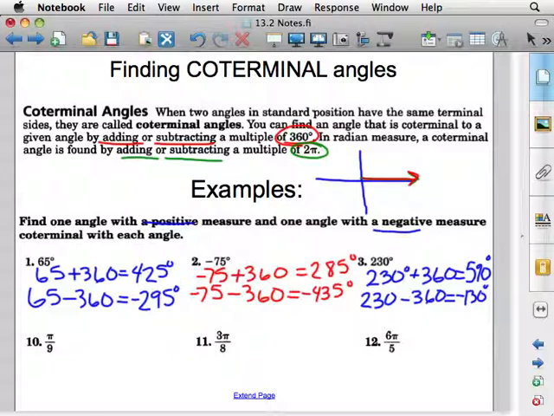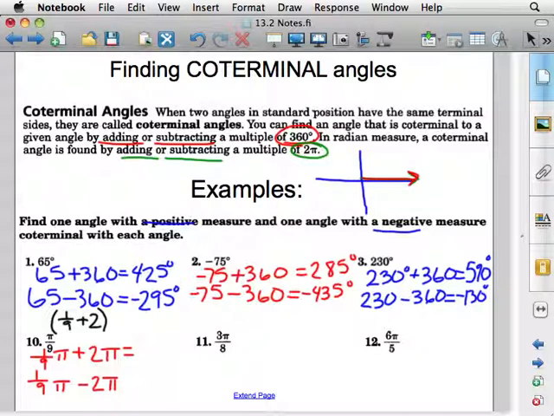Now we need to practice some in radians. So we have pi over 9, which is really just 1/9 of pi. And I need to add 2 pi. I also need to take 1/9 of pi and subtract 2 pi. What you need to type in your calculator is really just 1/9 plus 2, or minus 2.